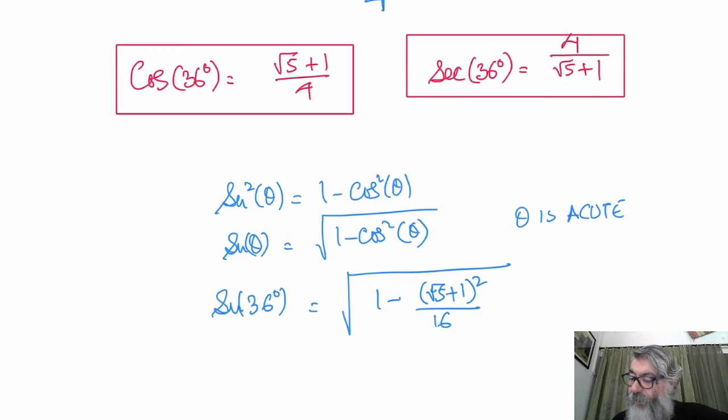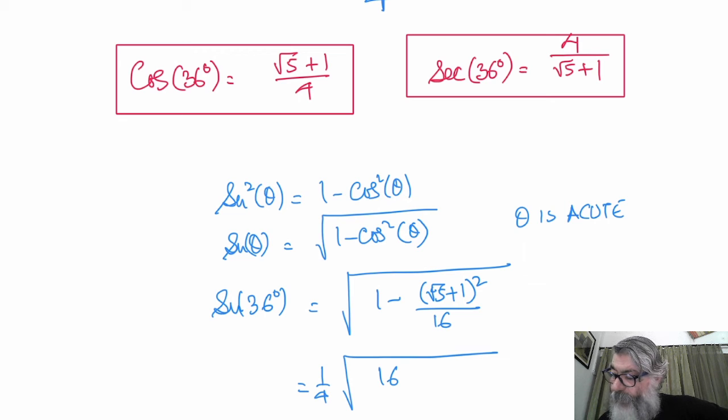4 fours are 16. If I take the LCM, it will become 16, and 1 upon 4 will come outside. 16 minus, it will become 5 plus 1 plus 2 root 5. When I open the bracket, it will become 1 upon 4 root of 16 minus 6, which is 10, minus 2 root 5.